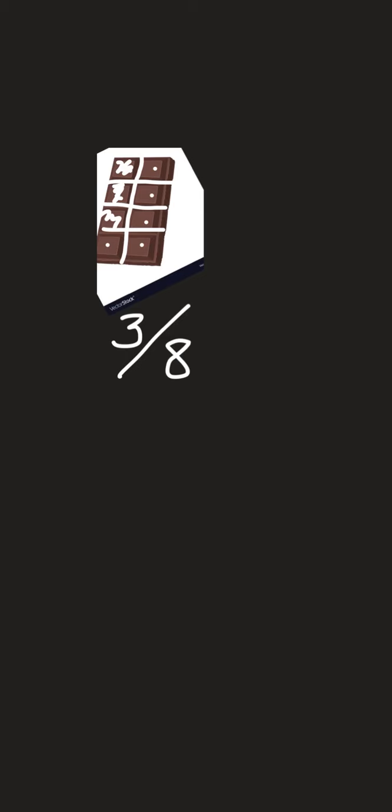The denominator in a fraction is this number, the bottom one. The denominator tells us how many parts the whole has been split into. So in this case, we've split the whole chocolate bar into 8 pieces. 1, 2, 3, 4, 5, 6, 7, 8. So the denominator tells us how many parts the whole has been split into.